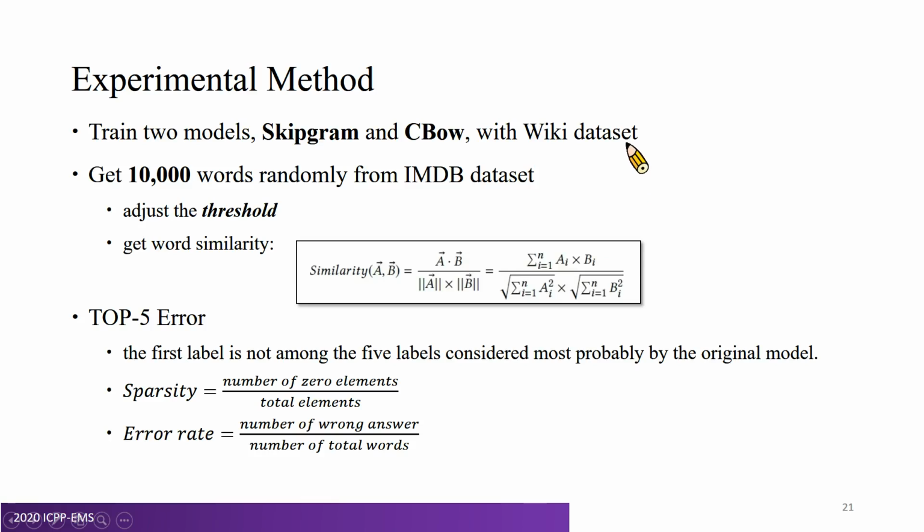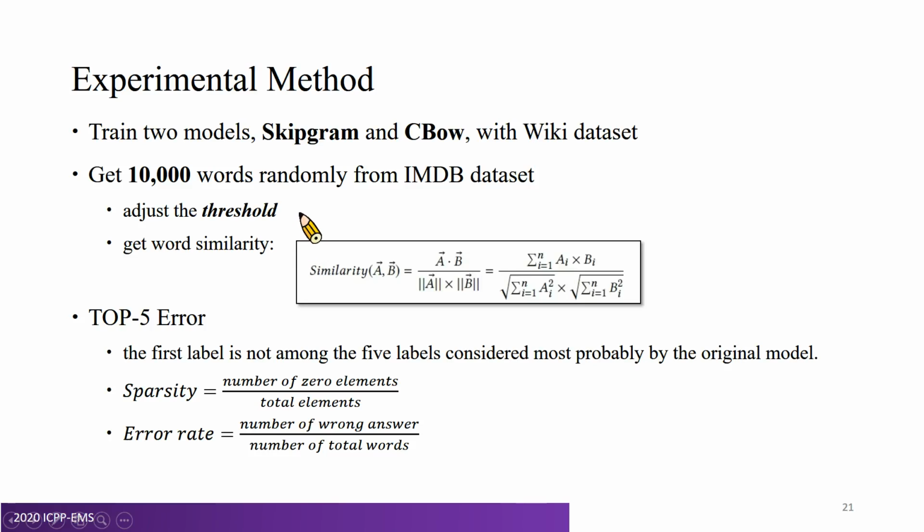In the experiment, we take the Wikipedia dataset to train the two models of FastText, namely skipgram and CBOW, and get the pre-trained models. Then we adjust several thresholds to prune the models and optimize them with our hybrid compression method. Semantic similarity plays an important role for NLP applications.